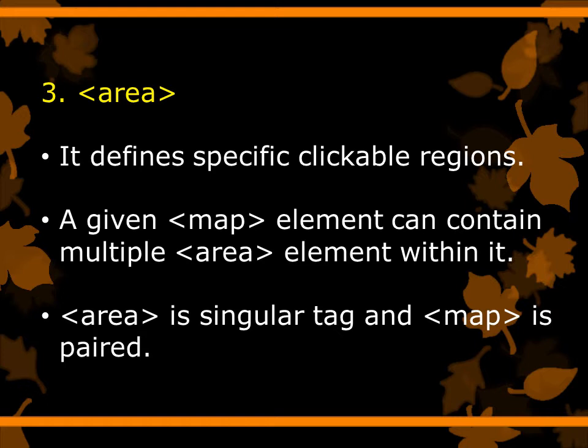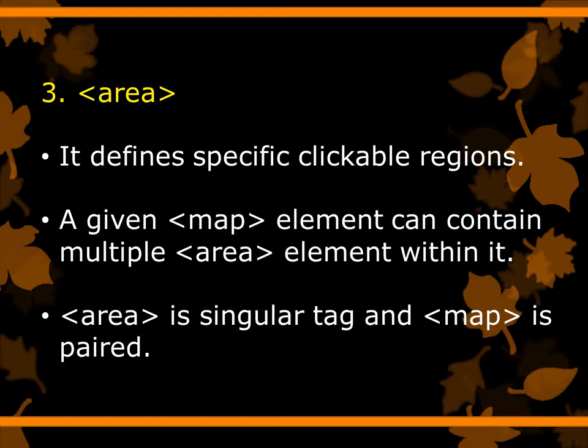So that clickable area is defined in this area tag. A given map element can contain multiple area elements within it. So one image can contain different types of areas, that is we can use different types of shapes within a single image.